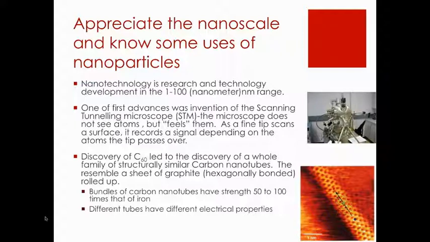The discovery of the allotrope of carbon, C60, led to the discovery of a whole new family of structurally similar carbon compounds. They are carbon, but in a way that we have not seen carbon before.